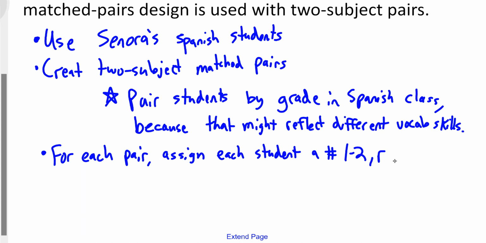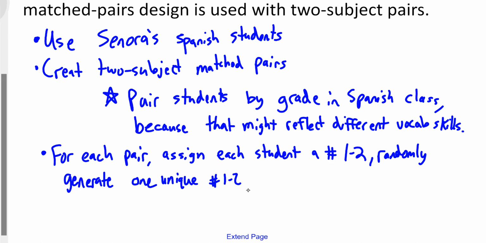Randomly generate one unique number, one to 2. Put that student in group 1, and the other in group 2.